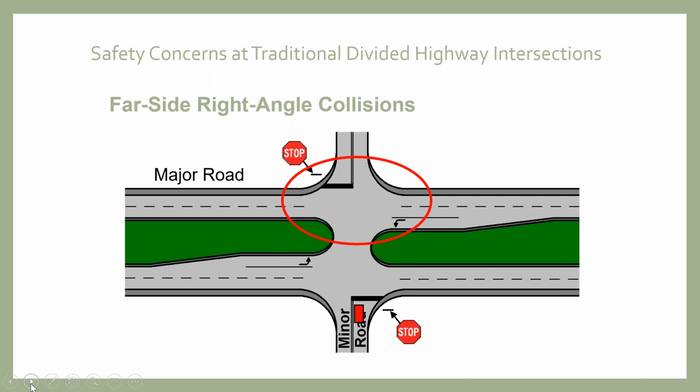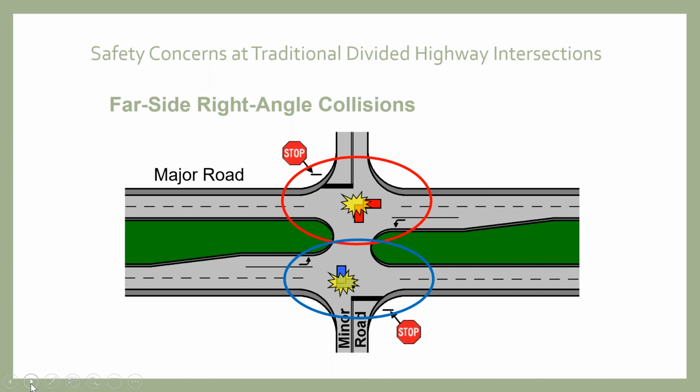What we commonly observe is that drivers have a hard time judging gaps on the far side. So we may do okay looking to our left in the near lanes, but looking over toward the right across the median to judge that gap in the other direction, that's where drivers tend to struggle, including aging drivers.